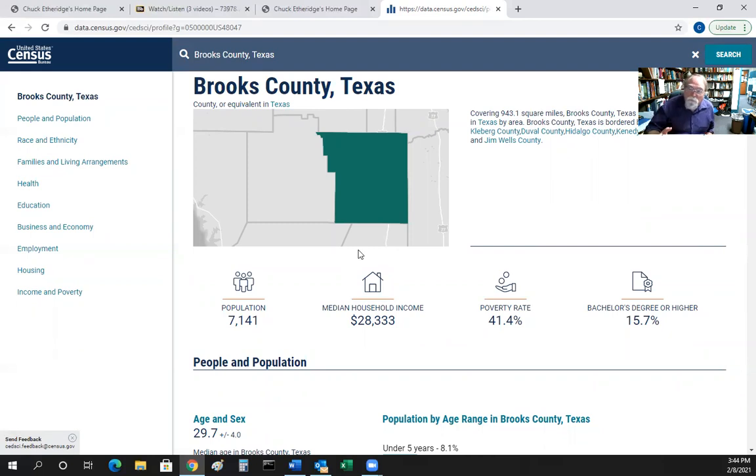So one of the ways to prove need is to look at data that you can get from the census. And if you want to look at income and poverty, which are indicators of malnutrition and other health problems, you do these comparative statements: United States, Texas, Nueces County, and then the other counties that the food bank serves as well.